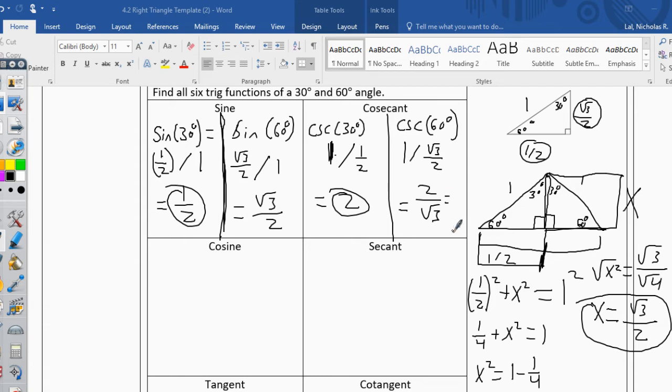That's equal to 2 times root 3 over 3. So that's going to be 2 root 3 over 3. Either one. Try cosine. Alright, so you guys try cosine.